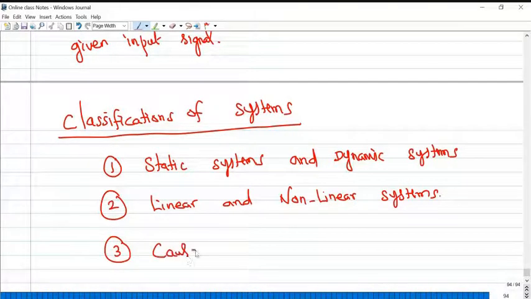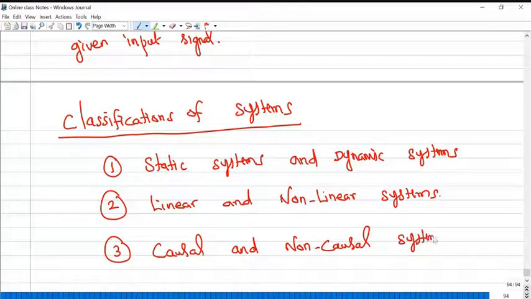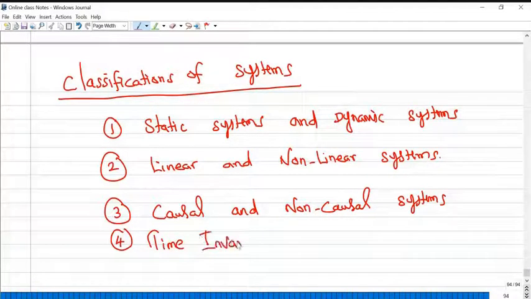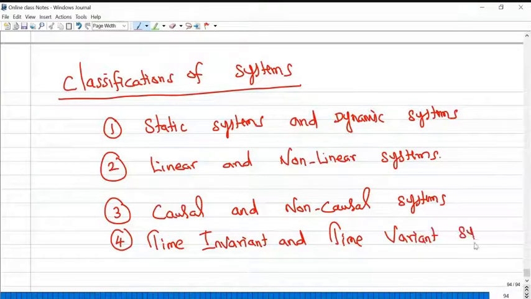And then causal and non-causal systems, which we already studied for signals. Next category, time invariant and time variant systems. And the fifth one, static, dynamic, linear, non-linear, causal, non-causal, time invariant and time variant systems.